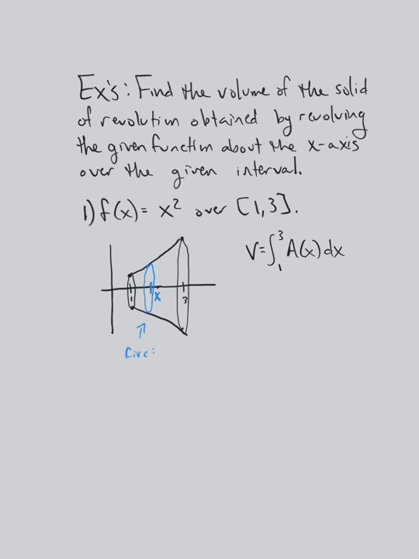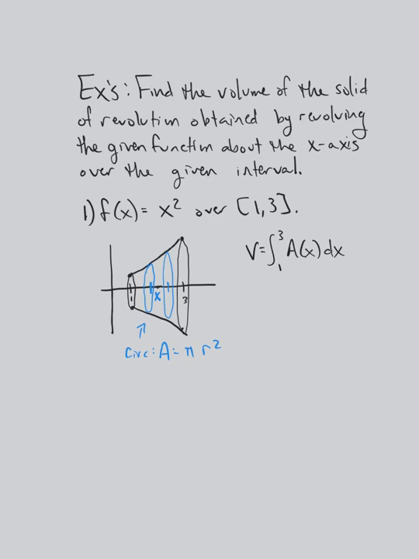Its area is pi r squared. Now, I forgot to point this out a minute ago. Make sure you realize r varies from x value to x value. If I come over here and look at this cross-section, its radius is much bigger, and so that's why we say the radius depends on x.